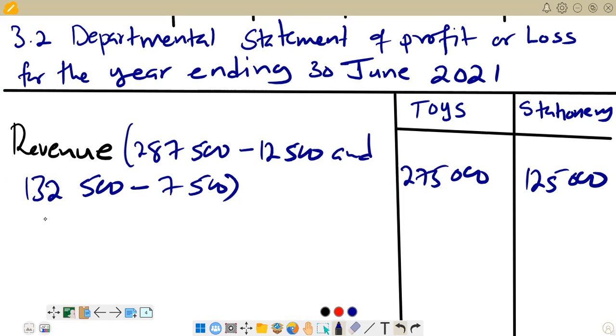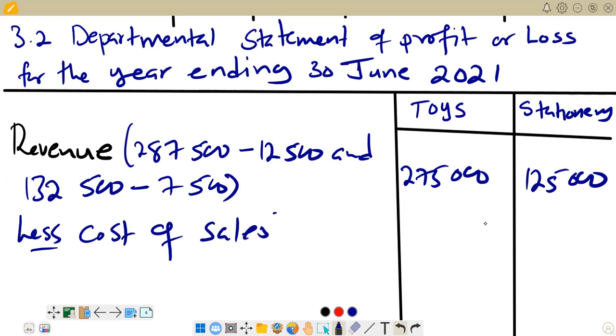And then after that, obviously, we are going to deduct cost of sales. And remember, we will leave the cost of sales blank because we're going to calculate the cost of sales. Remember the formula for calculating cost of sales: we say opening inventory plus purchases. If we have got some purchase returns, we subtract them from purchases.